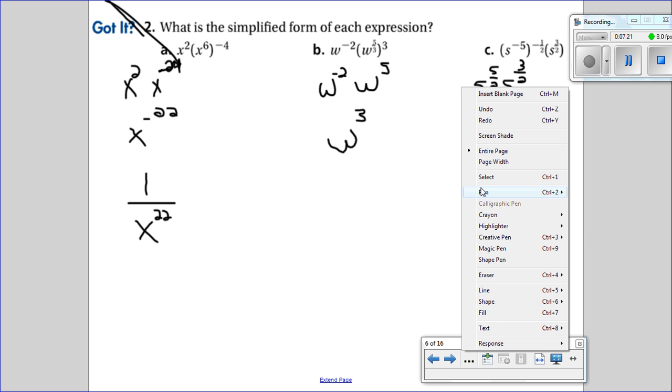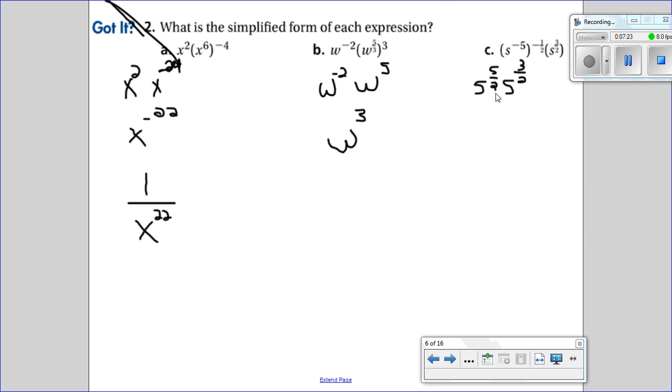Add 5 halves plus 3 halves, you get s to the 8 halves. And 8 halves you find out is s to the 4th.